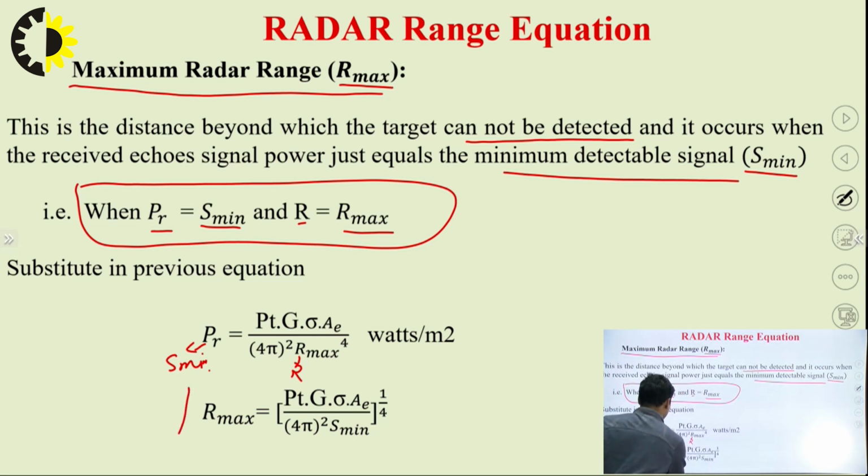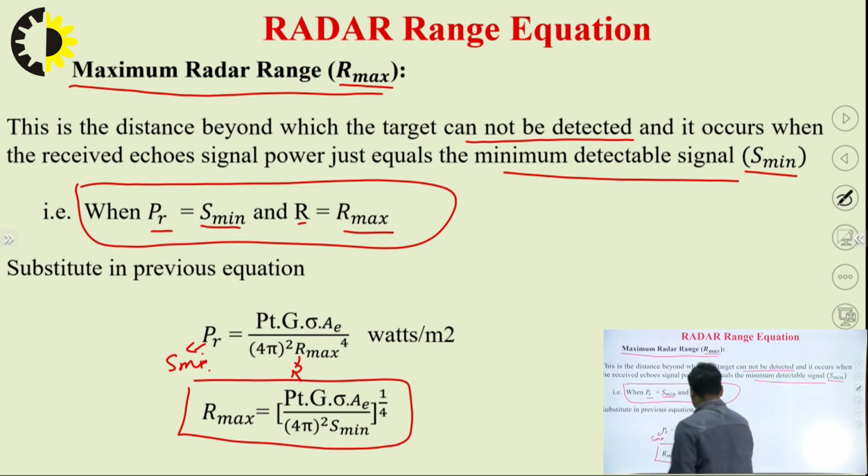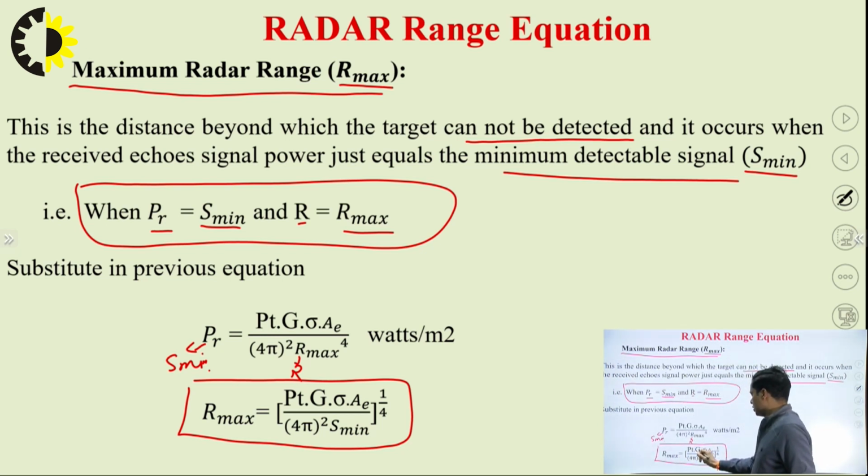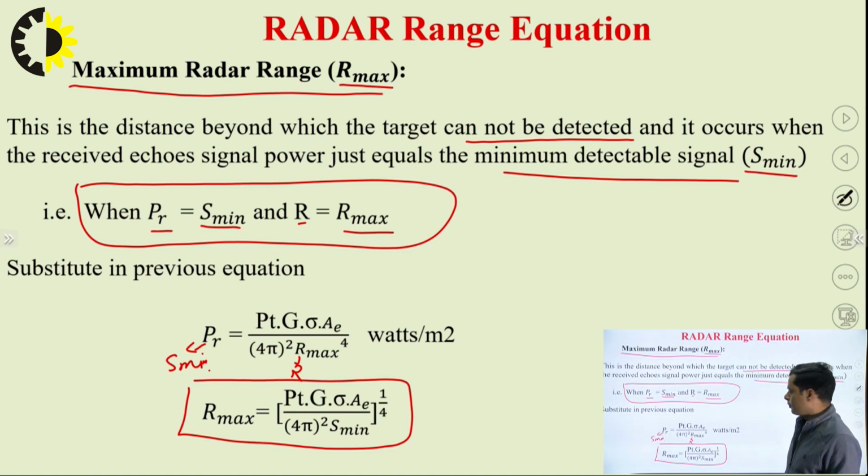So the radar R max value will equal PT into G into sigma into AE upon 4 pi squared S minimum, raised to power 1 by 4.